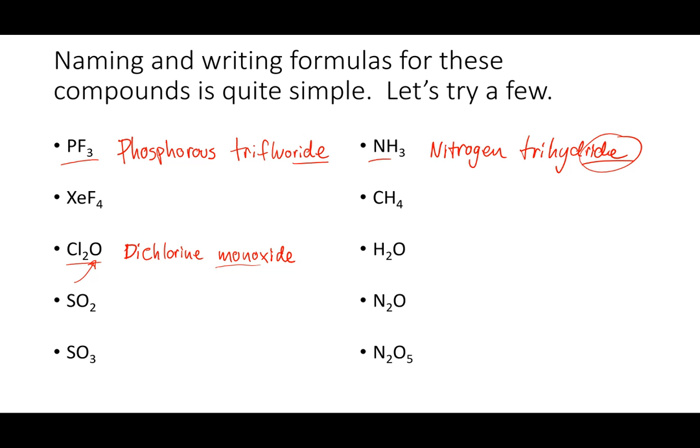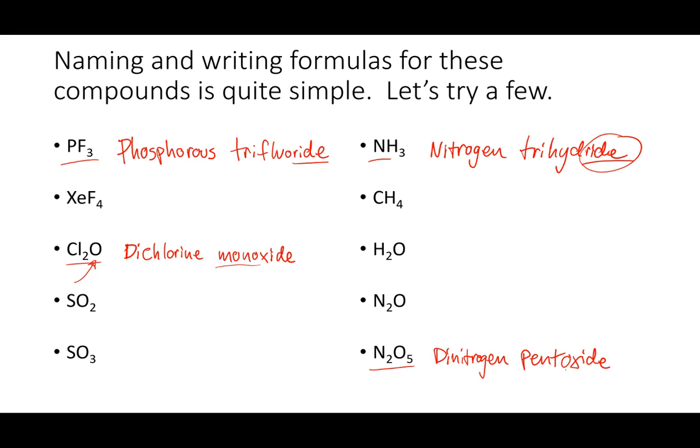Okay, let's look at a couple others. N2O5 down here, this would be dinitrogen is the first part, and then 5 for the oxygen would be pentoxide.